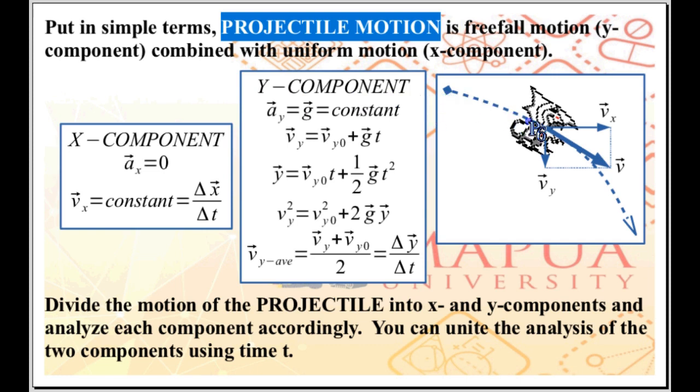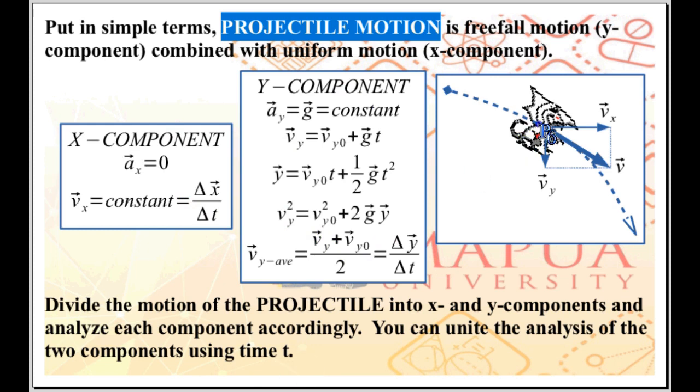Whenever you analyze the motion of an object undergoing projectile motion, divide the motion into its x and y components, and then analyze each component accordingly. Analyze the x component separately from the y component, and then you can unite the two analyses using time t.